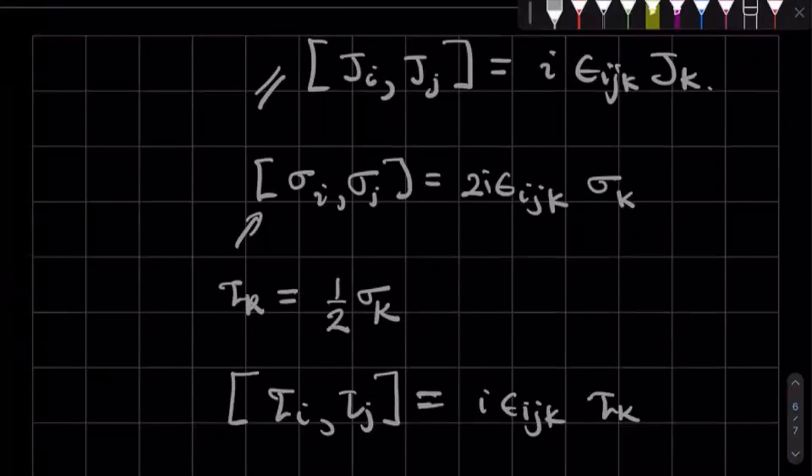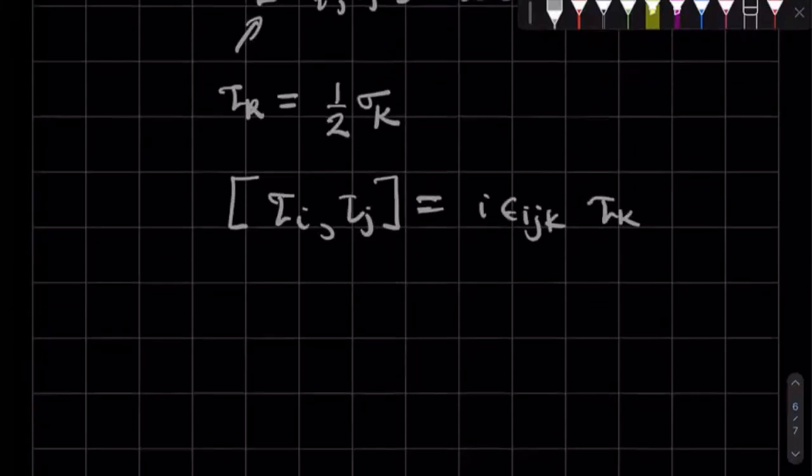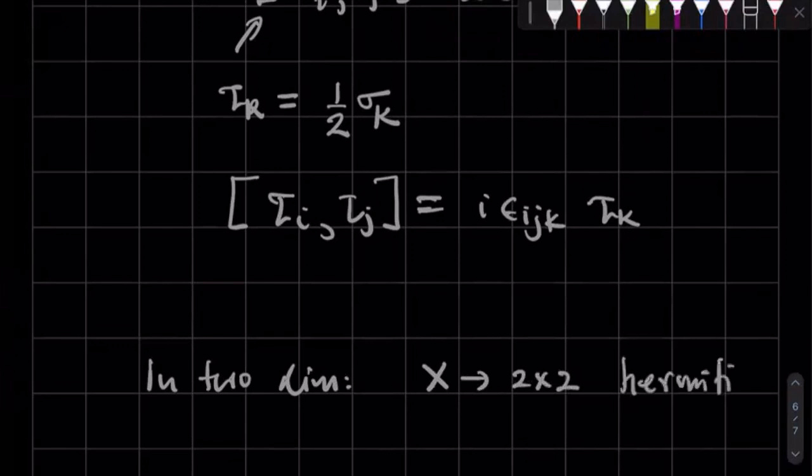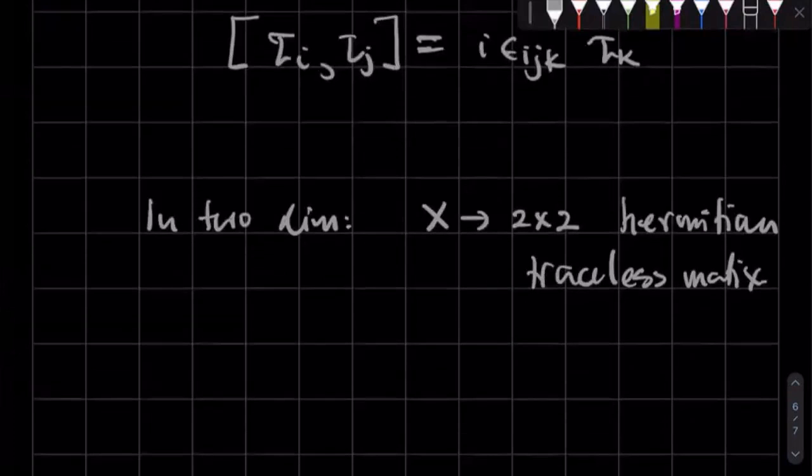Right. So in 2 dimensions, say X is a 2 by 2 Hermitian traceless matrix, okay? If X is 2 by 2, I can write X as (A, B; C, D). That means there are 8 real parameters, right?